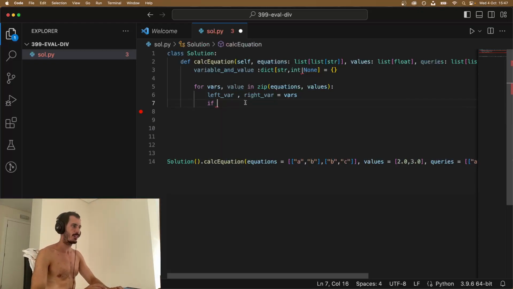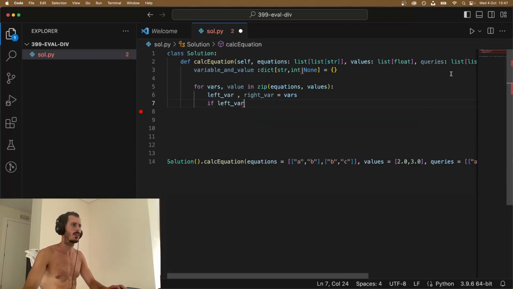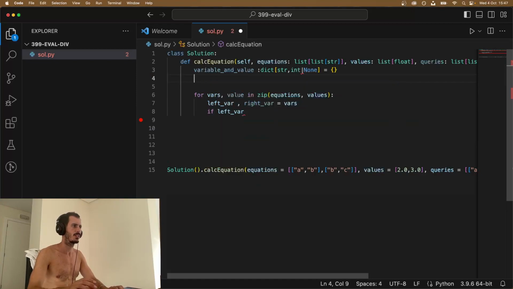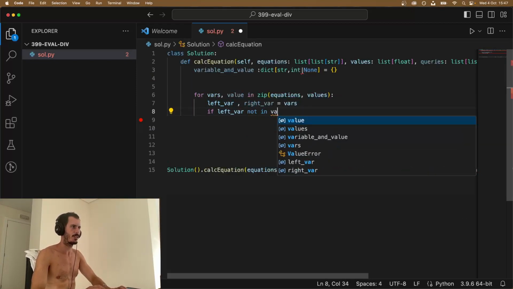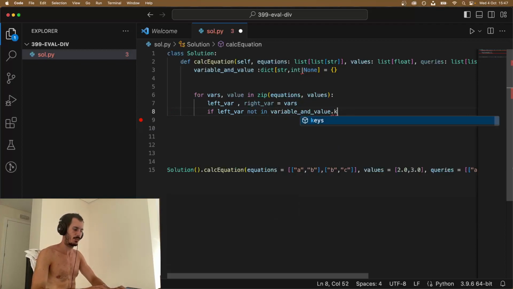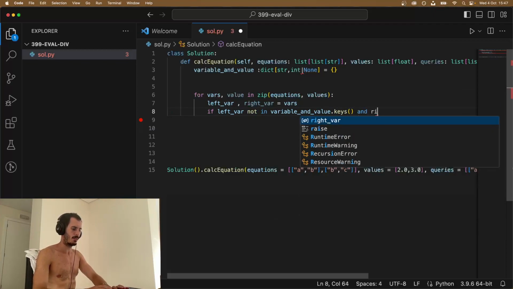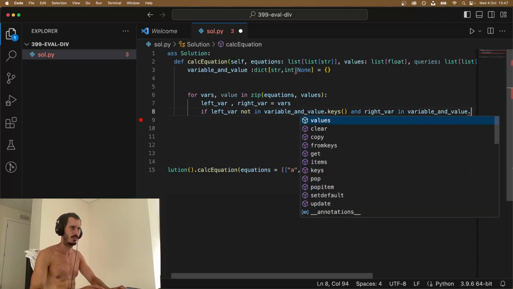So first of all, let me just initialize everything as none. If left var not in variable and value keys and right var in variable and value keys.